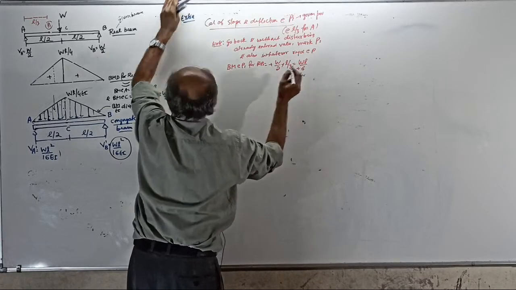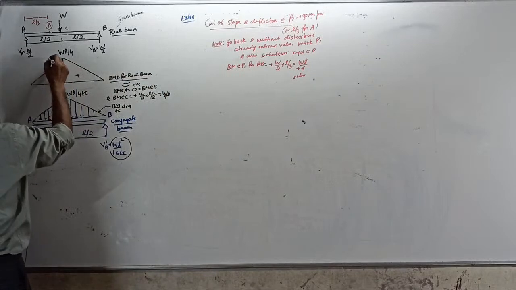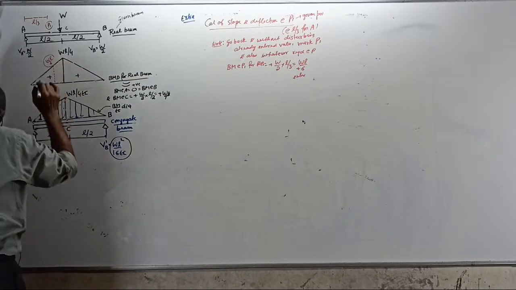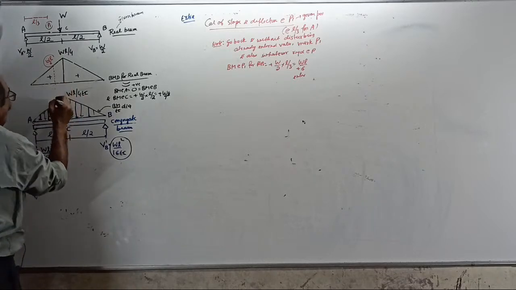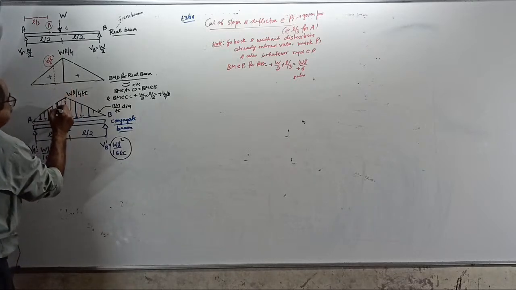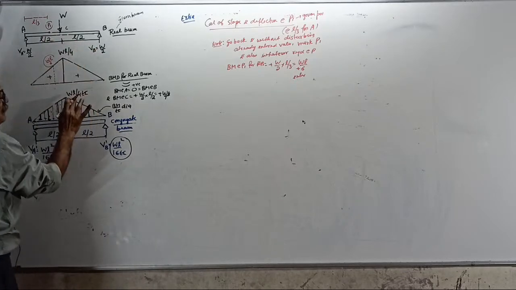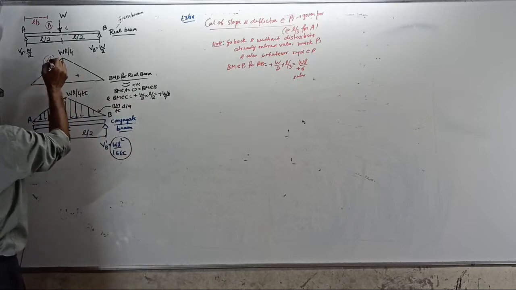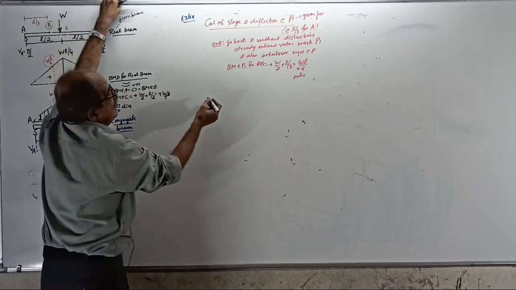Enter it without disturbing. WL by 6. Then also enter the corresponding ordinate here. If it is WL by 4, this is WL by 4 EI. If WL by 6, this ordinate is WL by 6 EI.